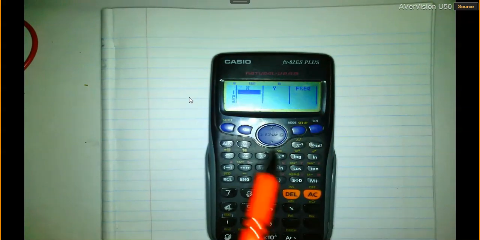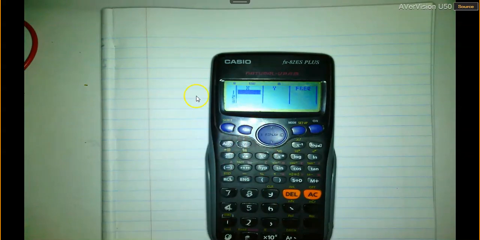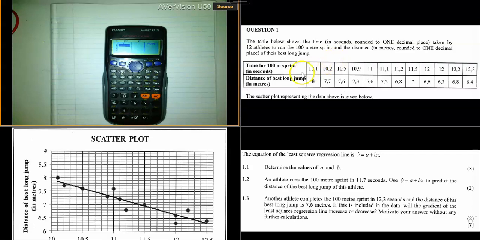I press number 2, and then I'm going to have an x and y column where I put in my x and y values. If I look at my table, all the values on top are my x values, and all the values at the bottom are my y values. You will enter all this into your calculator. Let me remind you how to do that. Your first value is 10.1.